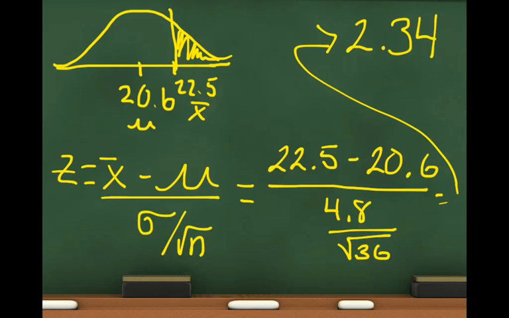And so if we think about this, the average mean for these 36 seniors is 2.34 standard deviations above the population mean. And so we need the z-score to help us find the probability.